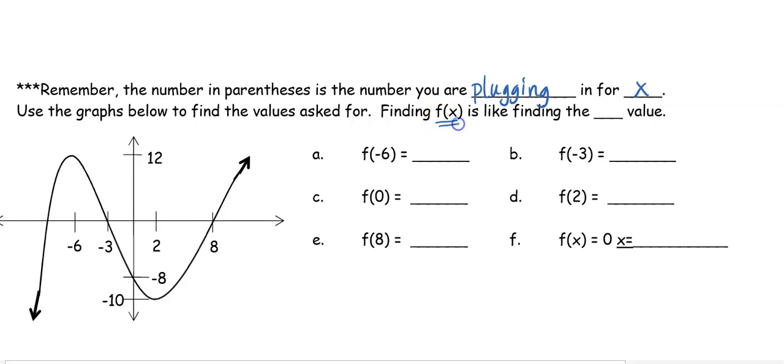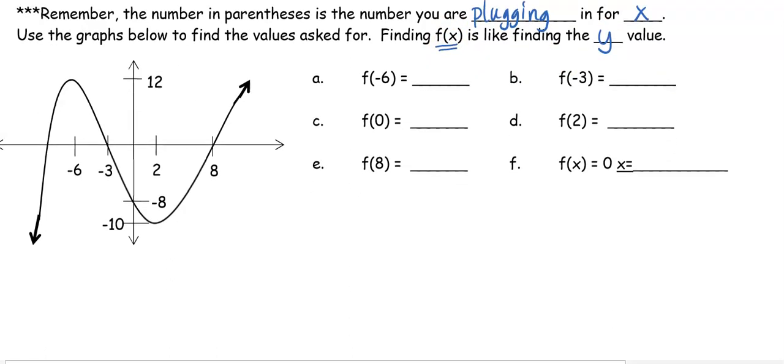Finding f of x, so whatever number you plugged in for x, is like finding the y value. So if I'm looking at part A, it says find f of negative 6. That means that my x value is negative 6. Don't forget that the x's run left and right, and the y's run up and down. Sometimes we forget to think about things in terms of x and y. So that means I'm going to be going left 6.